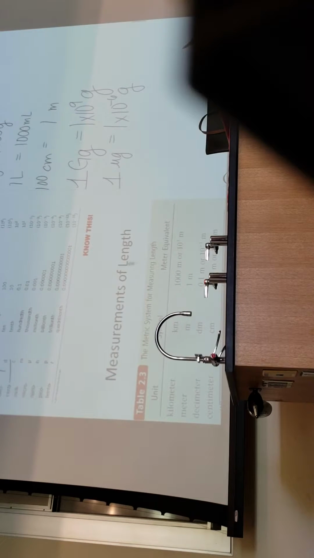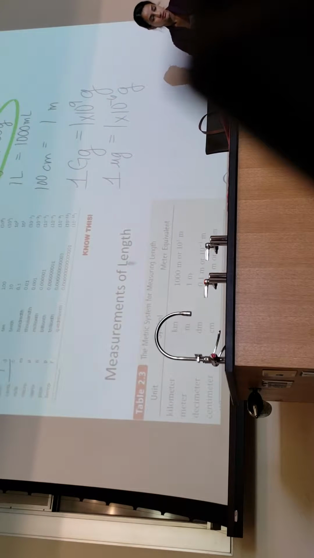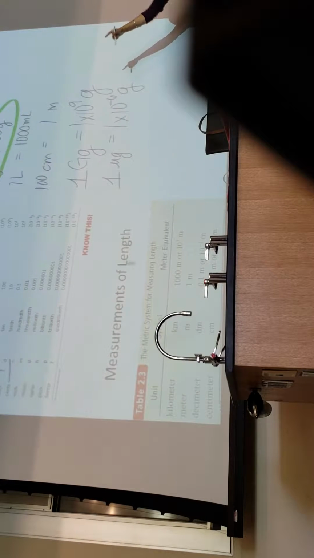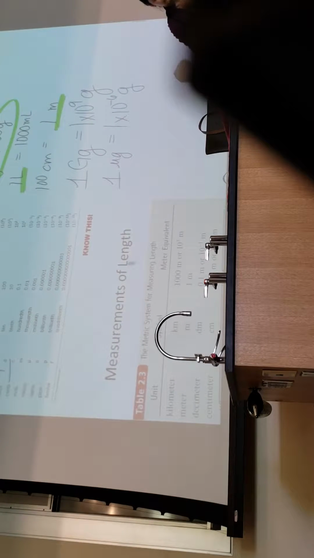You always put a 1 in front of the prefix. You notice that was done for this one here. 1 in front of the prefix, and then kilo is 10 to the 3rd, which is 1,000. So you got that. Now, if you look at the other two, notice the 1 isn't in front of the prefix. Now the 1 is in front of the base unit.